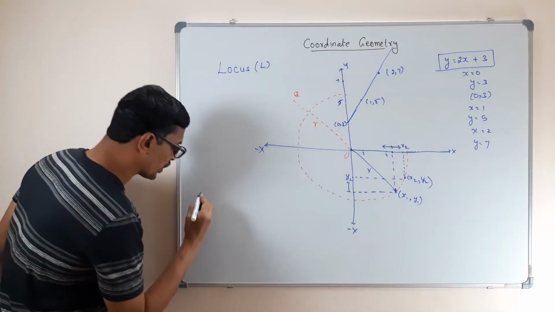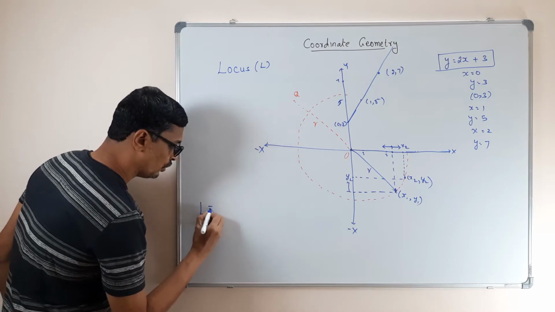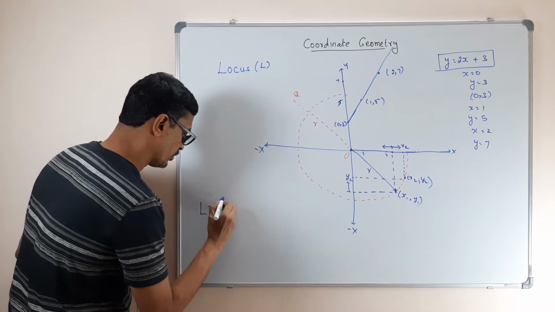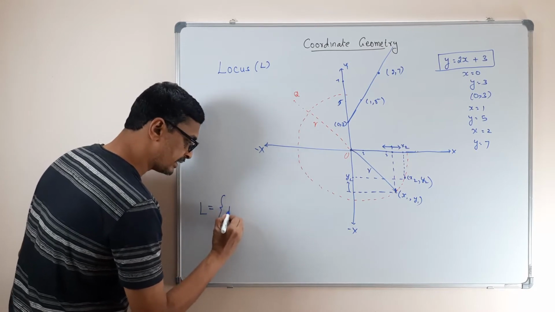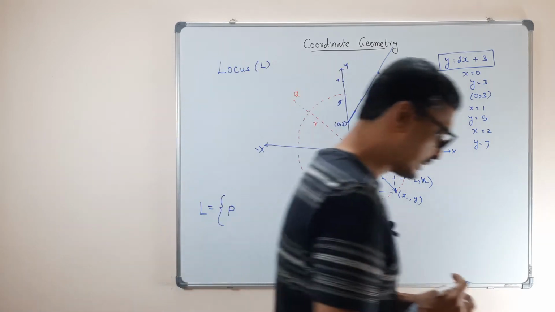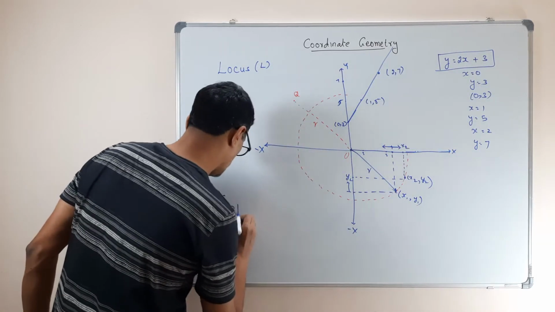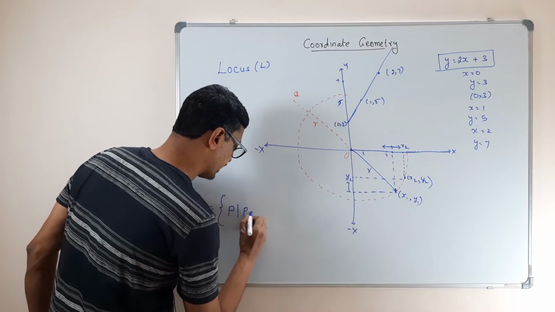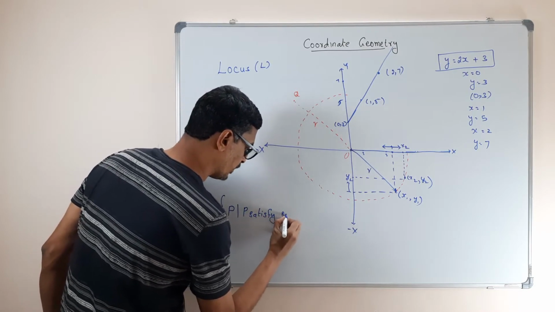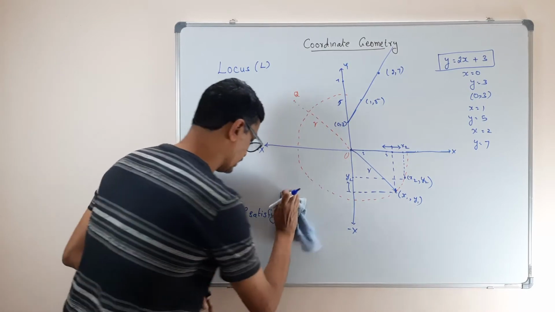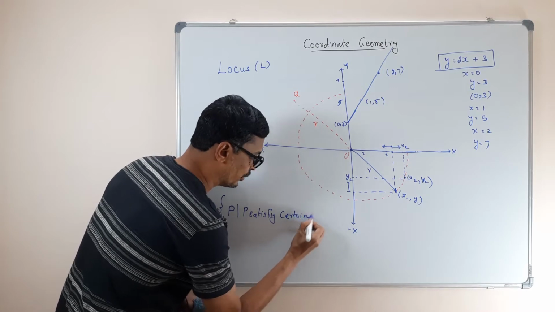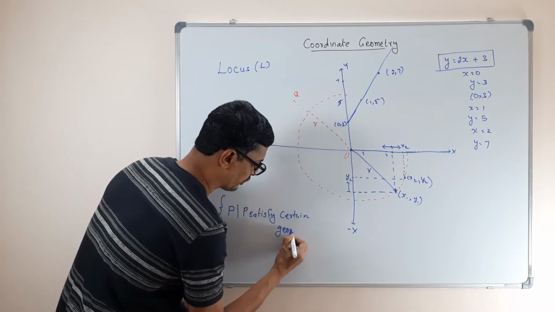So how is locus defined? Locus is a set of points, which I denote as P, such that point P satisfies some certain geometrical condition.